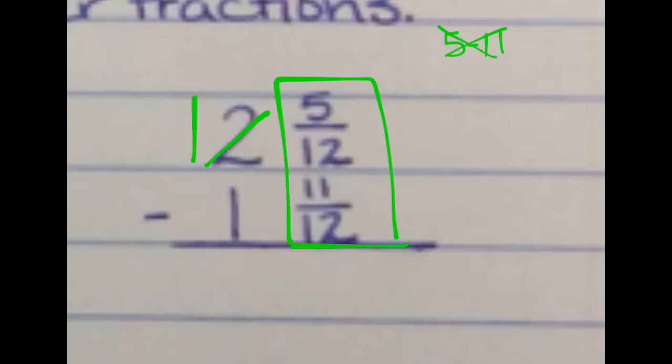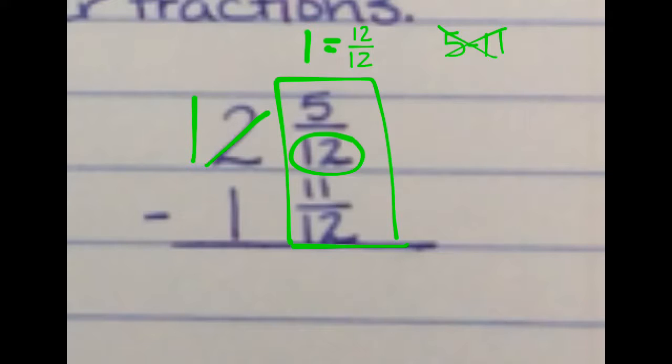Now we've got to change that 1 whole that we borrowed. We can't just bring it over here and say, oh, now we're going to do 6/12. That 1 whole, remember, can be broken into as many equal parts as we need. And since our denominator is already 12, we can break it into 12/12.